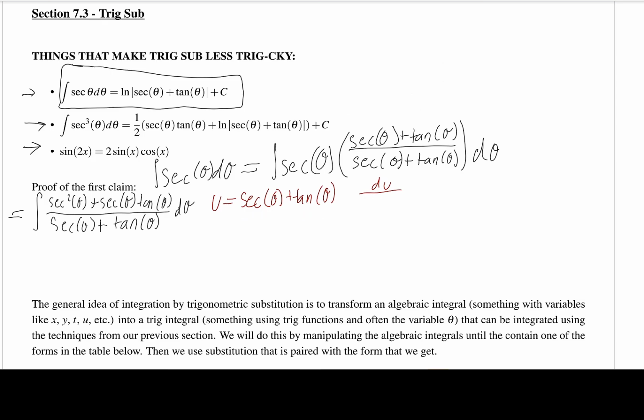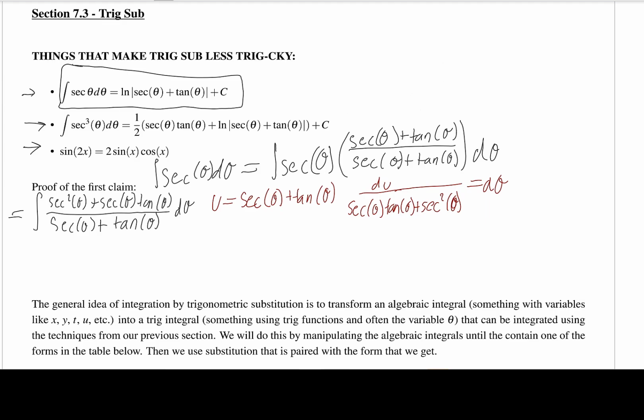That'd be secant theta tan theta plus secant squared theta. And then when I divide it over, we'll have d theta equal to du over secant theta tan theta plus secant squared theta.